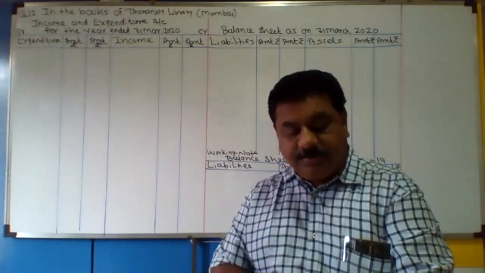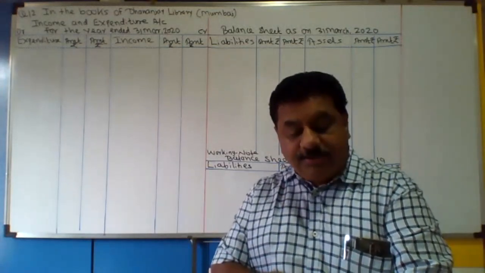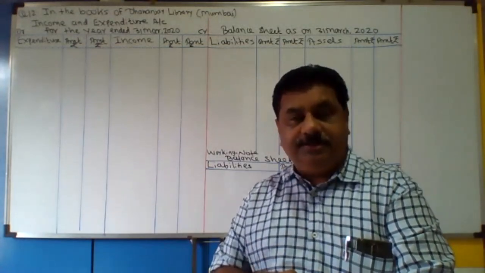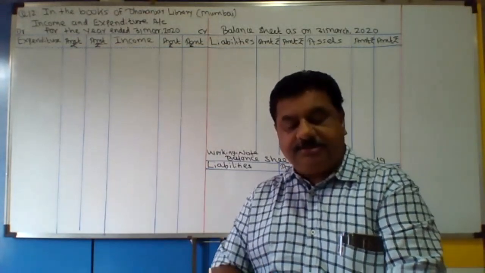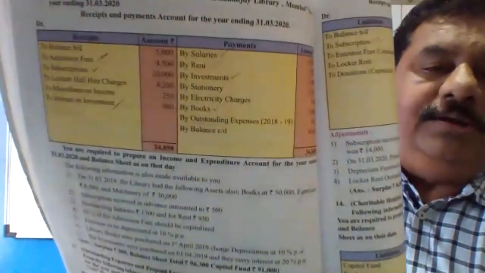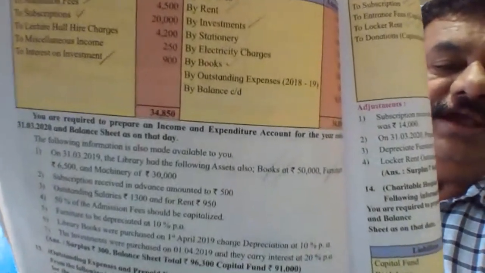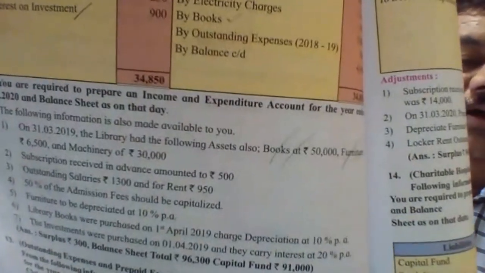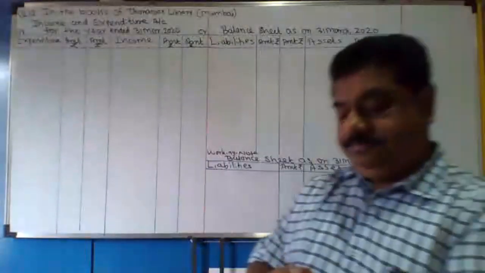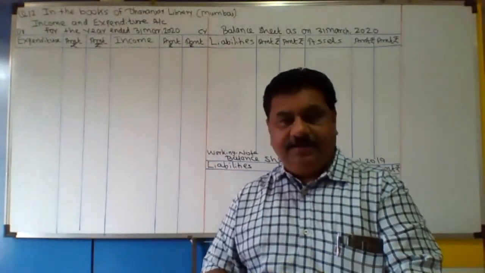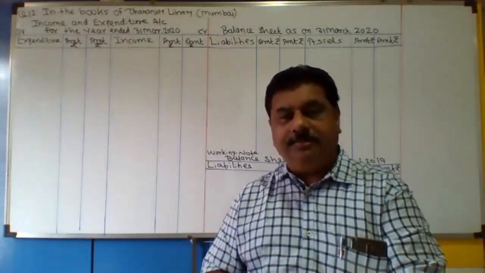Where is it? Okay, look at the payment side. Buy books. And it is also subject to depreciation. So for the library books, the books you are having, 50,000, you have to put a double tick mark. One for purchase and one for the depreciation. So in adjustment number 1, the assets, books and furniture, you have to tick mark.